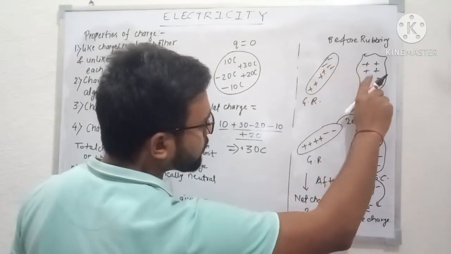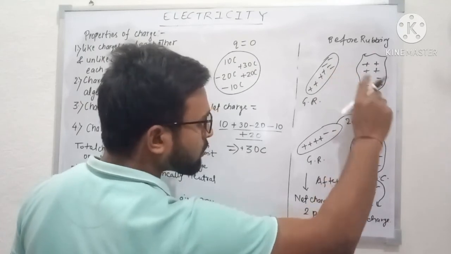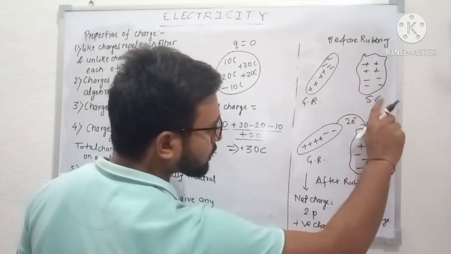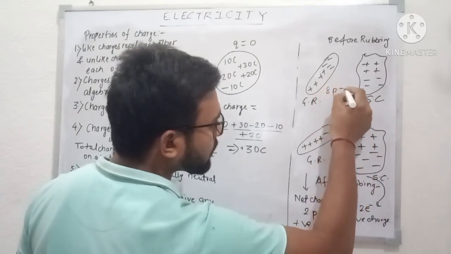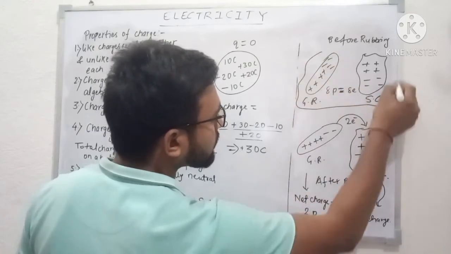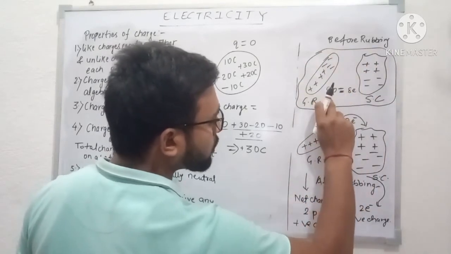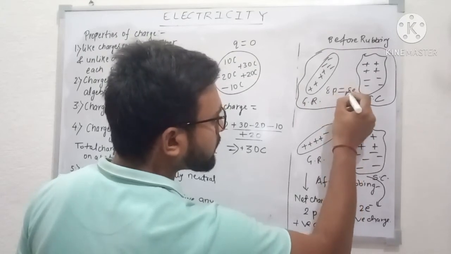On the silk cloth? 4. Electrons on the glass rod? 4. Electrons on the silk cloth? 4. So the total is 8 protons and 8 electrons. If I consider this as a system, it has 8 protons and 8 electrons.